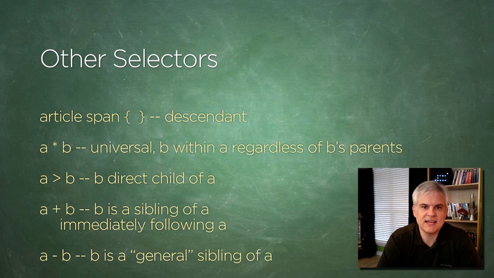So give me any tag within this other tag A, regardless of B's parents. Okay, and then you've seen this used, the direct child, where the list item is a direct child of an unordered list. So style up those list items. And there's also adjacent siblings and siblings in general.